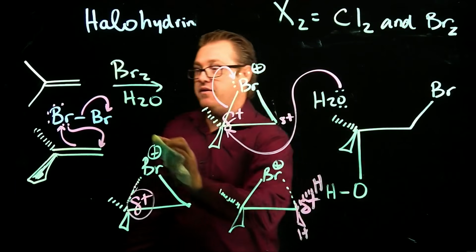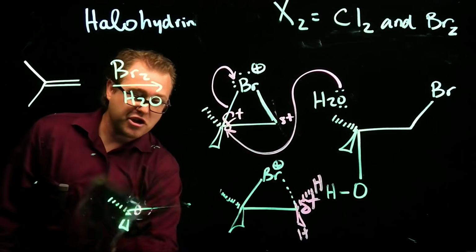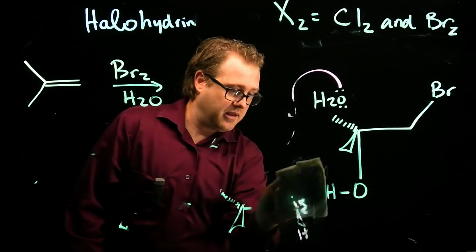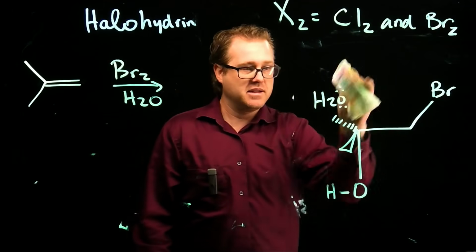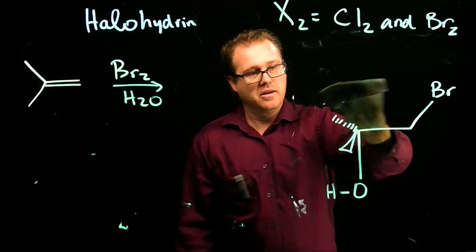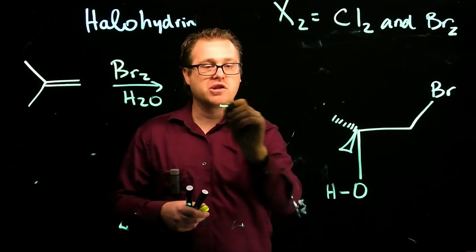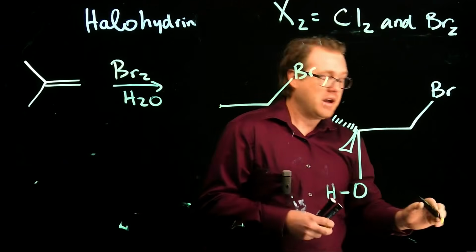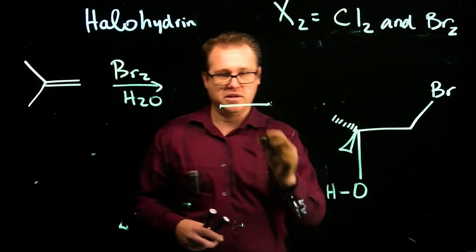So you could envision a test question to make sure you understand this principle, because I could give you on a multiple choice test, okay, 3 to 4 different structures just to make sure you understand the regiochemistry of this reaction.